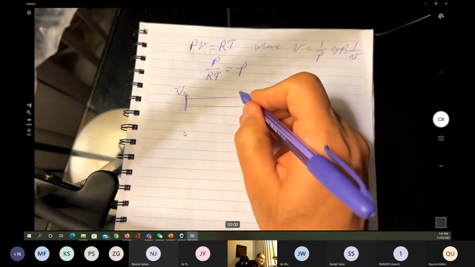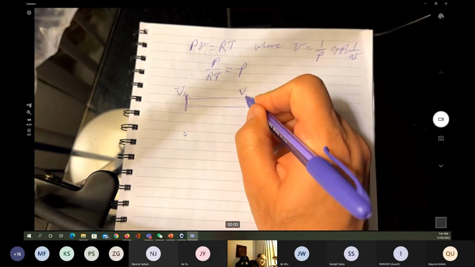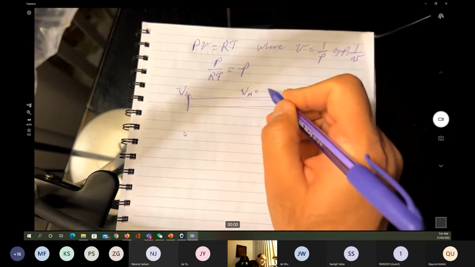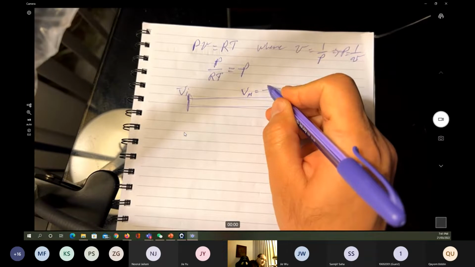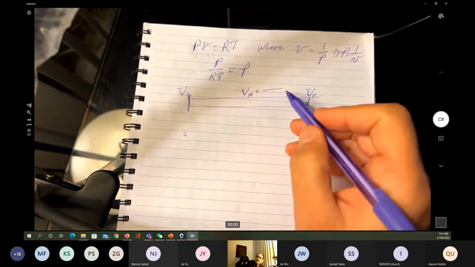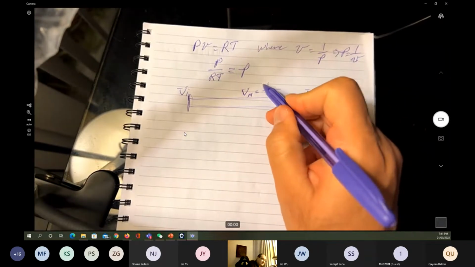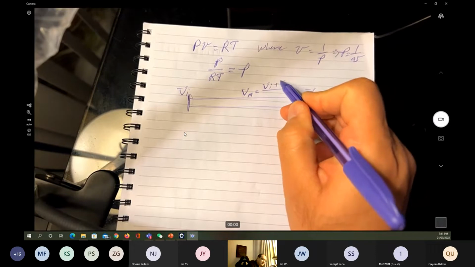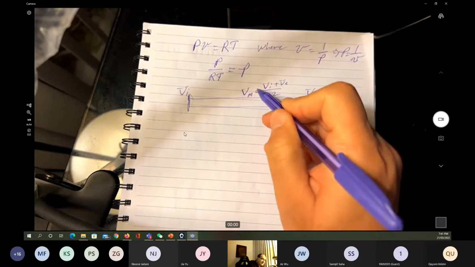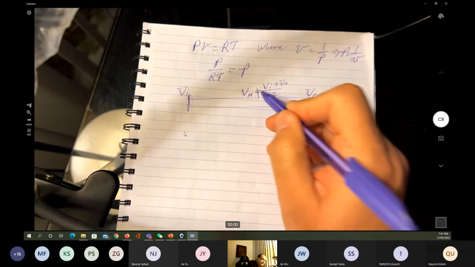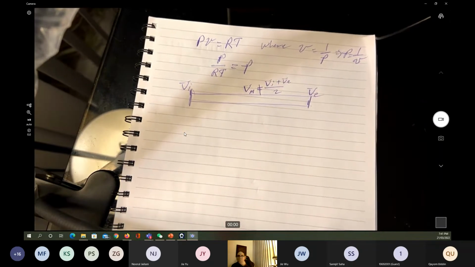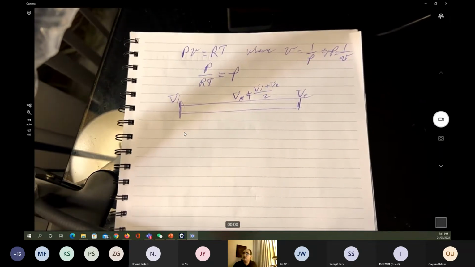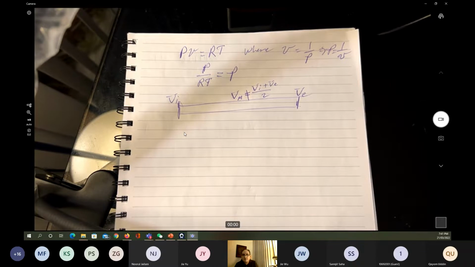The mean velocity is, well, I'm going to check your knowledge about that. It's not. Okay, so the average velocity is not equal to the inlet plus the outlet divided by 2.